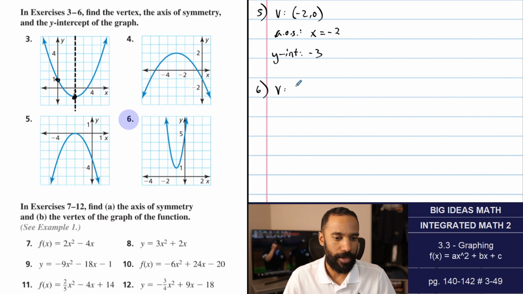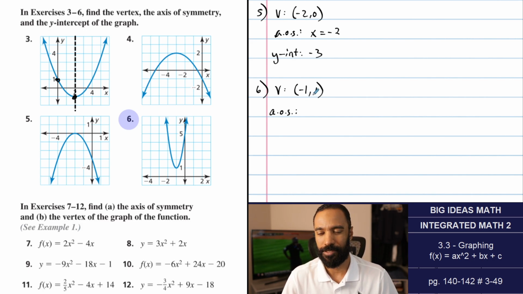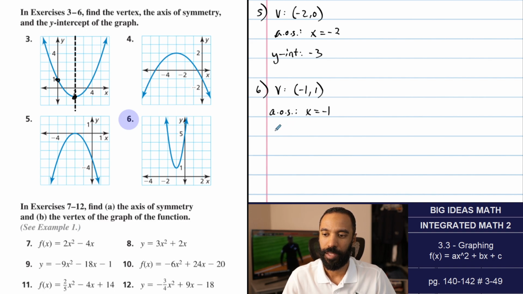Vertex at (-1, 1). By the way, write your parentheses for ordered pairs. I don't know if that's stressed enough. Not writing them is improper. I know it sounds like, what does it matter? It matters. It changes whether you're looking at an ordered pair or something else. Axis of symmetry is x equals -1. And the y-intercept looks like 5.